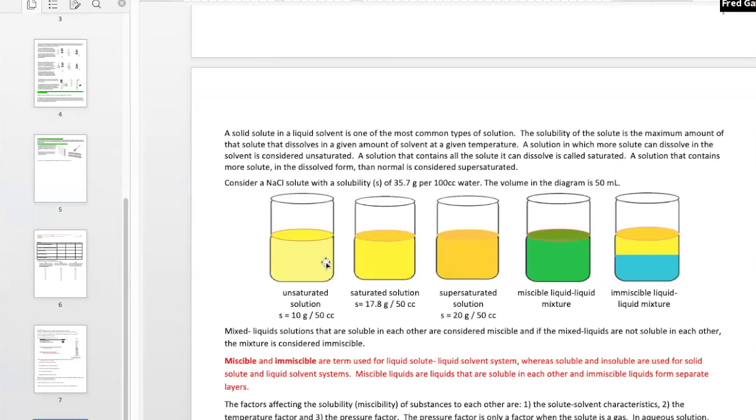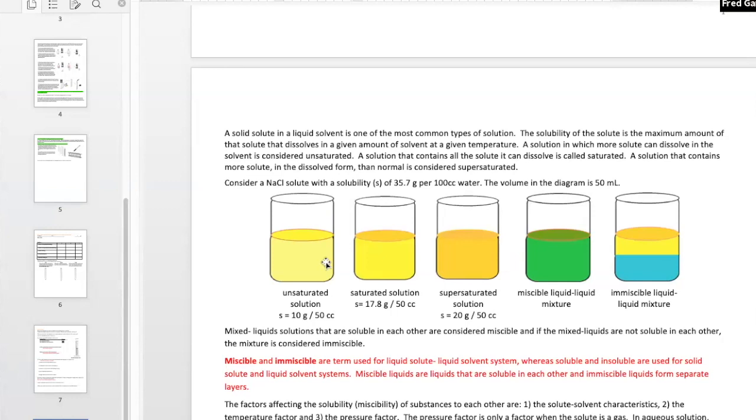You guys should also know when you put a substance in, if you're making a solution and you can dissolve more substance, like if you put salt in water, for example, and you put a pinch of salt in a pot of water, let's say 2 cups of water, the water of course will be salty, and you can add more salt and it'll still dissolve. We call that an unsaturated solution. In other words, you can dissolve still more salt in that solution until you reach the saturation amount.